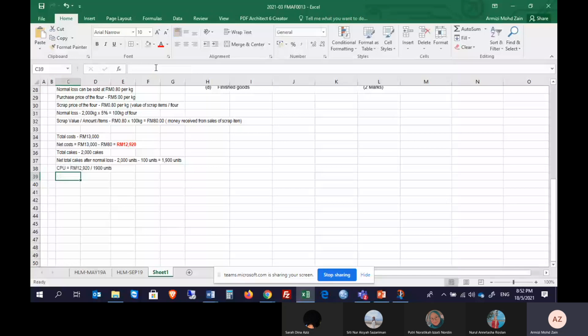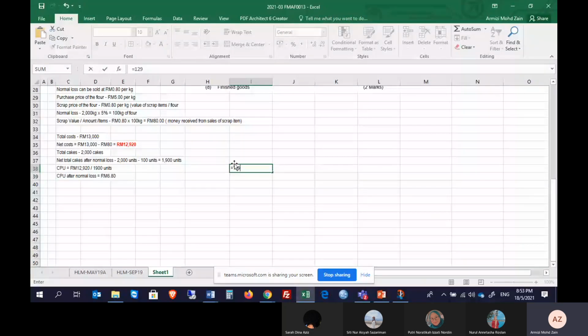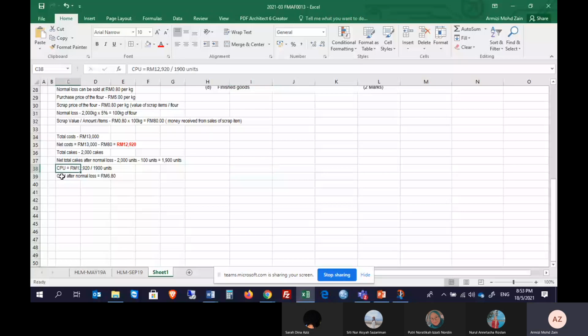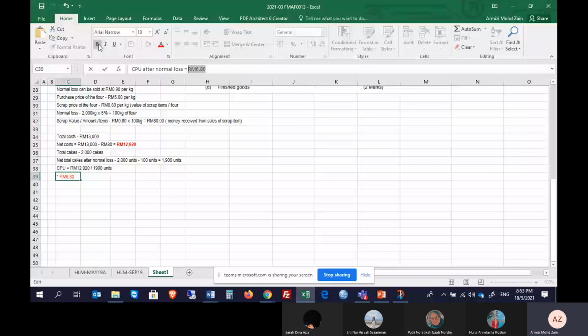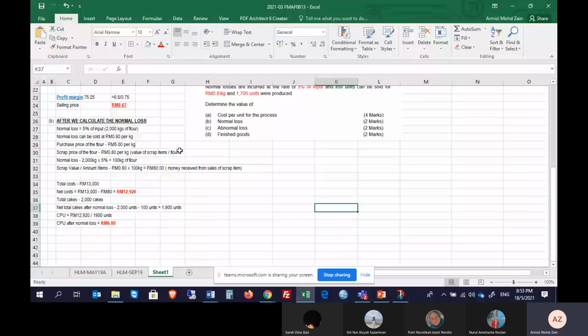The CPU after normal loss equal to RM 6.80. Itu tak? 12,920 bahagi dengan 49.0. Yes, good. Okay. So you nampak selepas normal loss ni dia jadi lain. Okay. Ni after normal loss. Sekarang kita buat after abnormal loss pula.